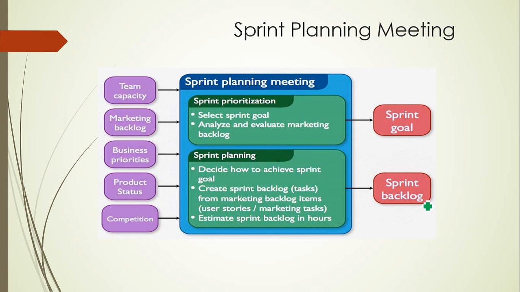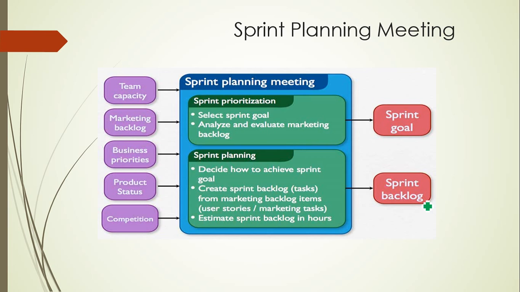In this second part, the selected user stories are broken down into tasks and they are appropriately estimated with respect to size, the amount of effort required to complete that user story. And each task is assigned to the team members. These tasks are not assigned by the product owner or Scrum Master.